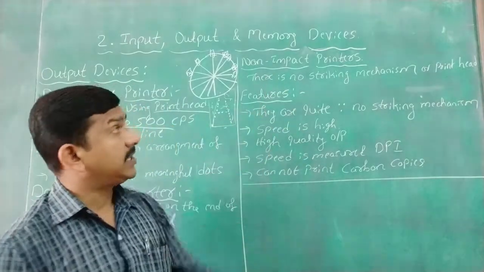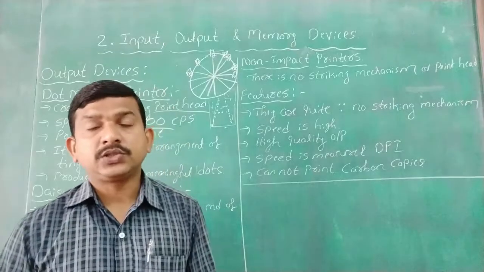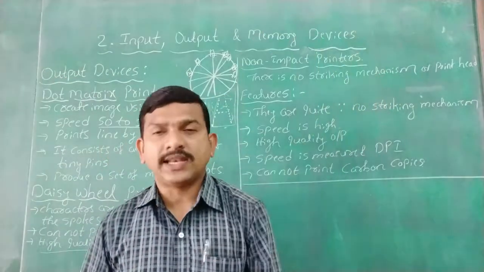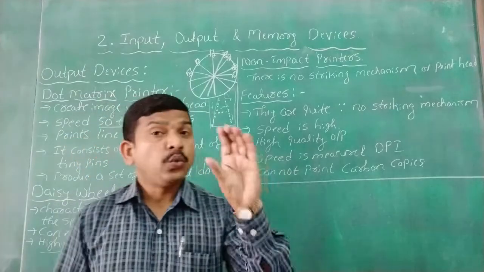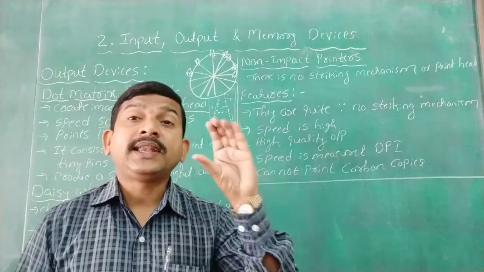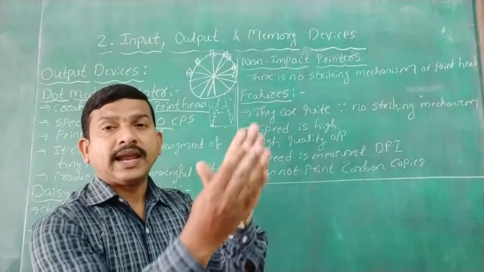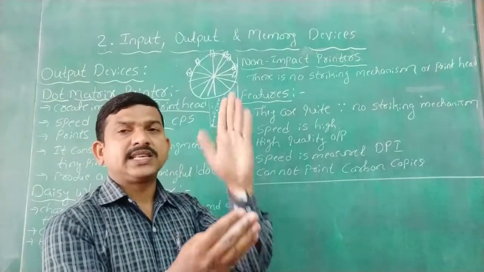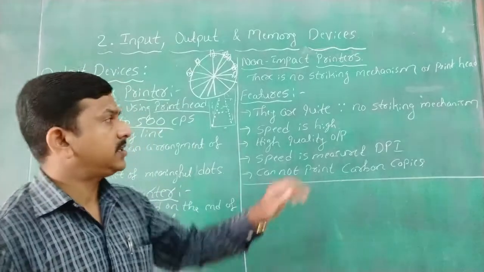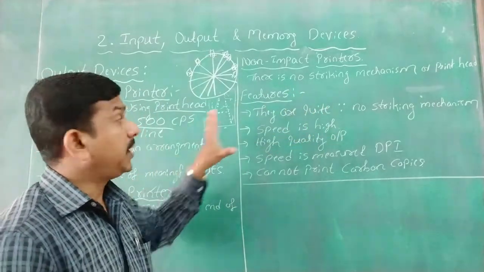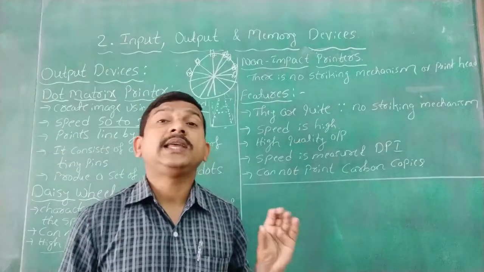The second one is the non-impact printer. What does that mean? There is no striking mechanism, which means we are not using a print head. There is no contact between paper and the striking mechanism or print head. Generally, here we are using a print head, but here we are not using any print head.